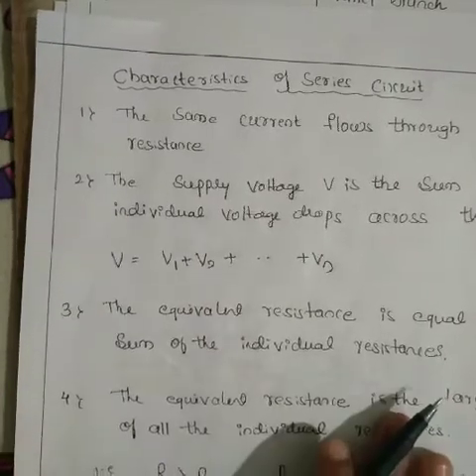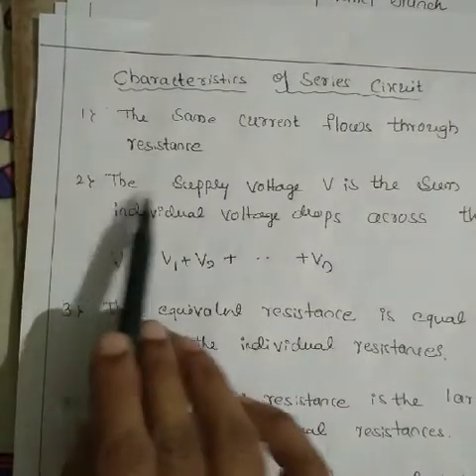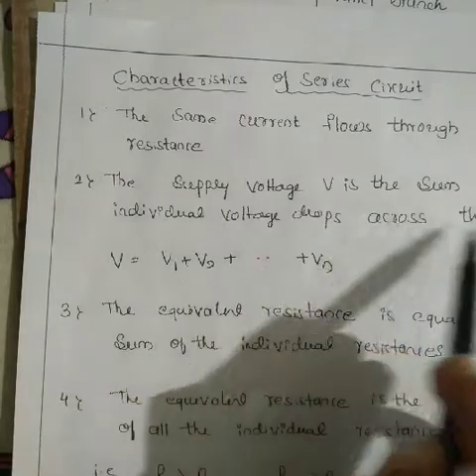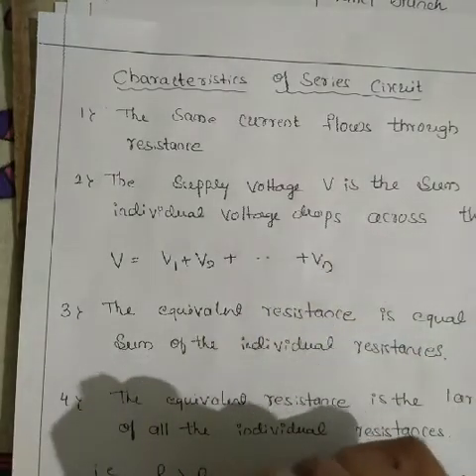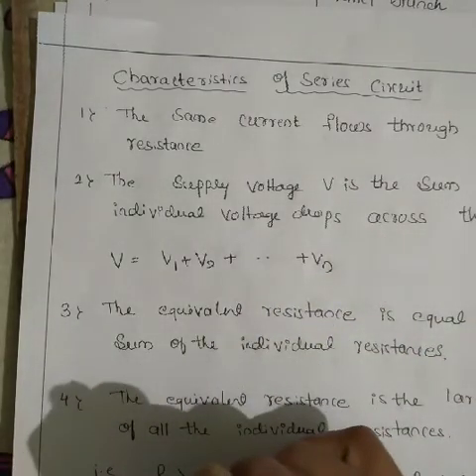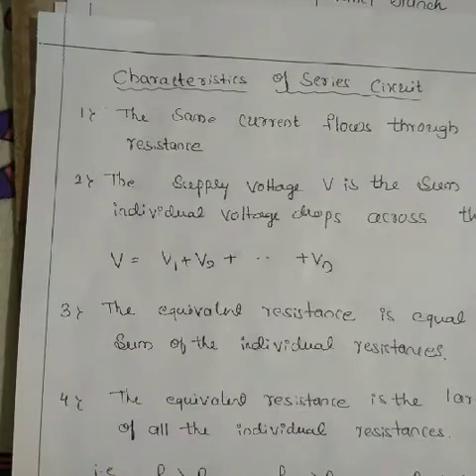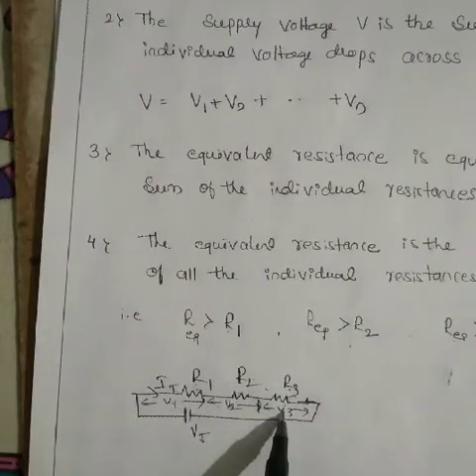Then second, the supply voltage V is the sum of the individual voltage drops across the resistances, that is V1, V2, then V3. Vt is equal to V1 plus V2 plus V3.